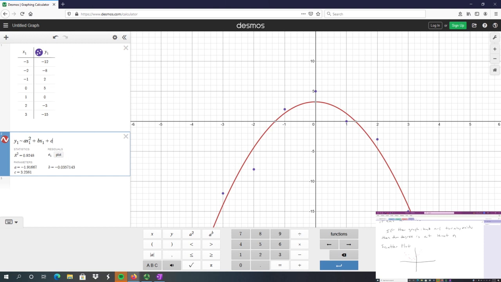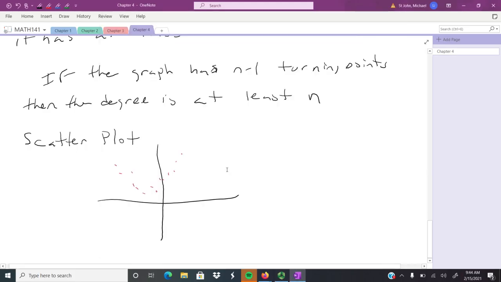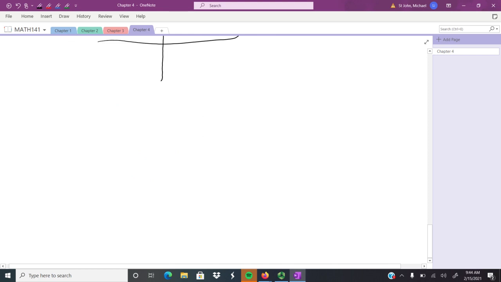All right, so let's go back to our whiteboard here. Right. So we're back over here. So other types of functions then they talk about here is a rational function.